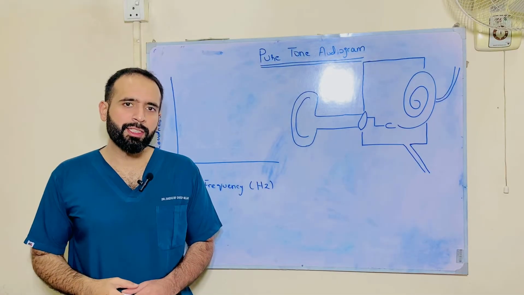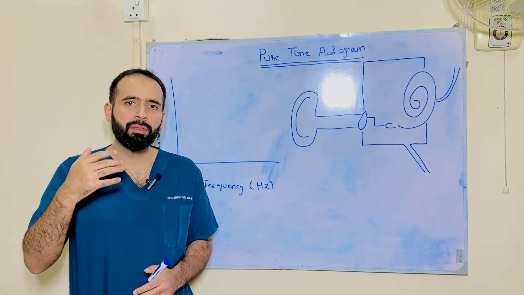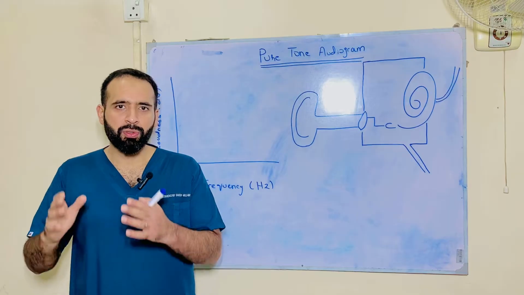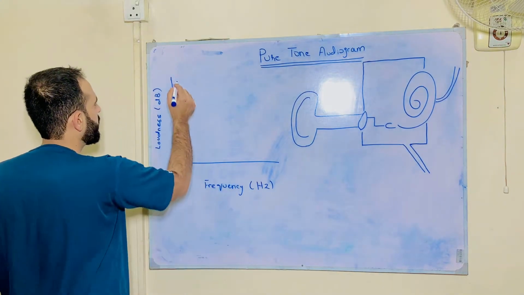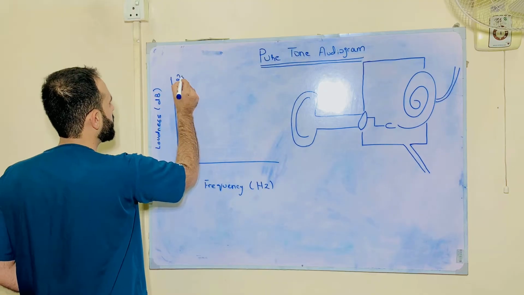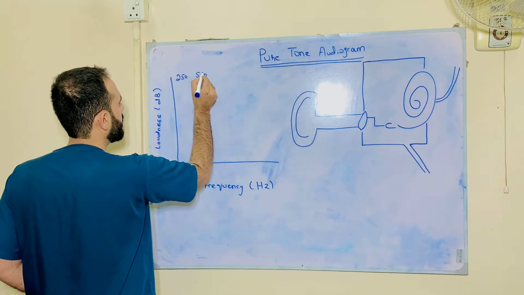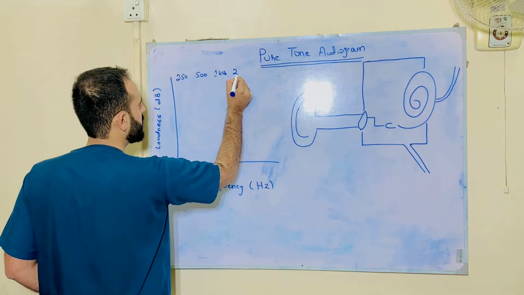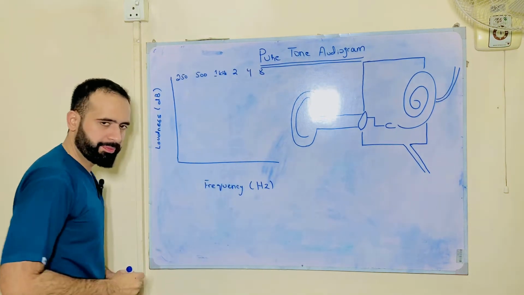So I will take my speech, which is a combination of different frequencies, and break that down into simple fundamental frequencies. I will start off with 250 Hertz, then I double it, 500 Hertz, then again double it, 1000 Hertz or 1 kilohertz, then 2 kilohertz, then 4 kilohertz, and then 8 kilohertz.